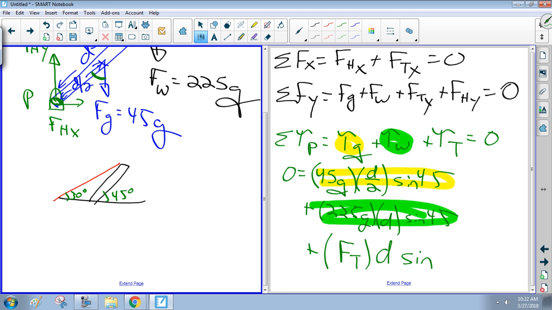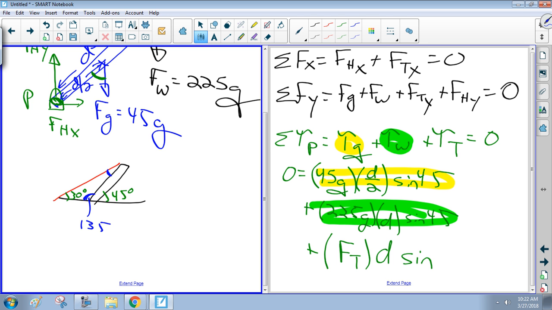Everybody good up to there? We need this top angle up here, don't we? Anybody see how to find it? You've got to do 2 steps. What do you got, Adam? Just do 180 minus 45. Yeah, 180 minus 45 gives us this guy, right? So that's 135.